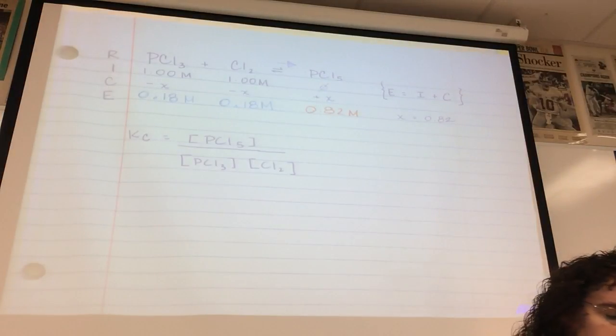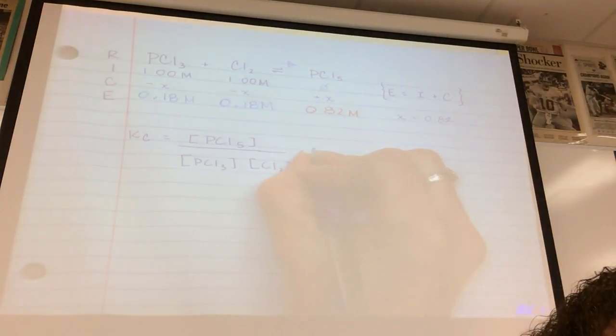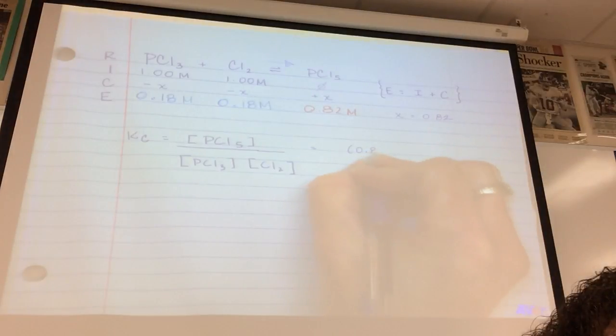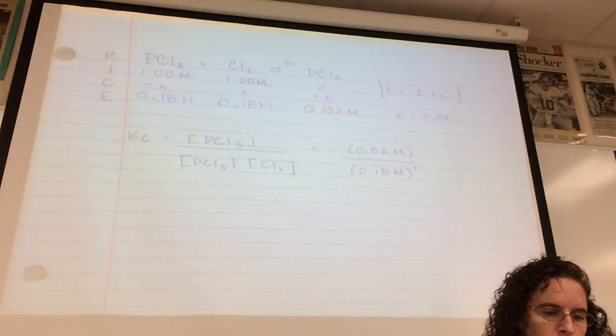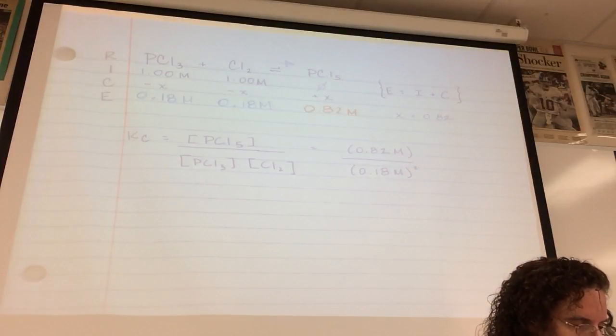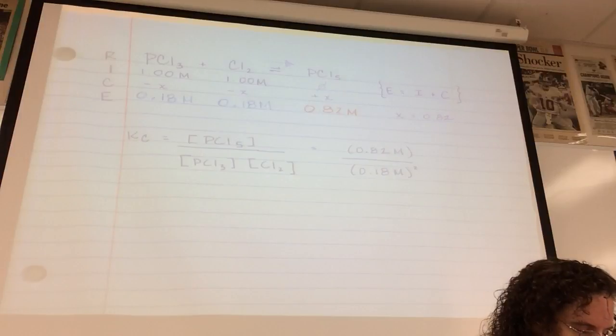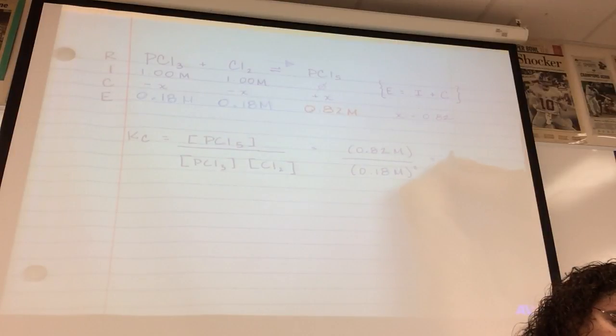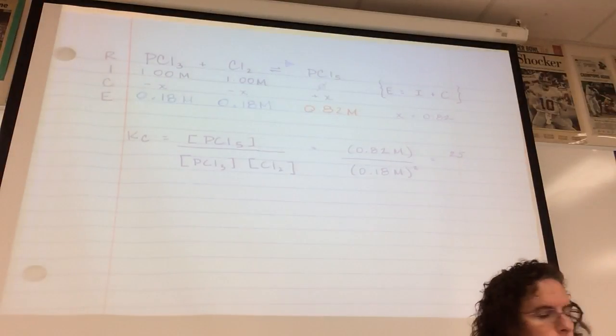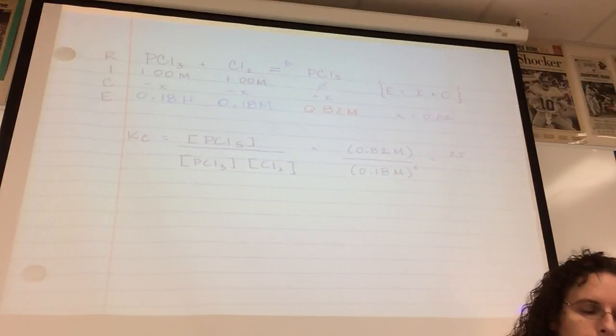Now you have equilibrium amounts and you're ready to rumble. And I'm just going to square these since they're the same. Easy peasy?